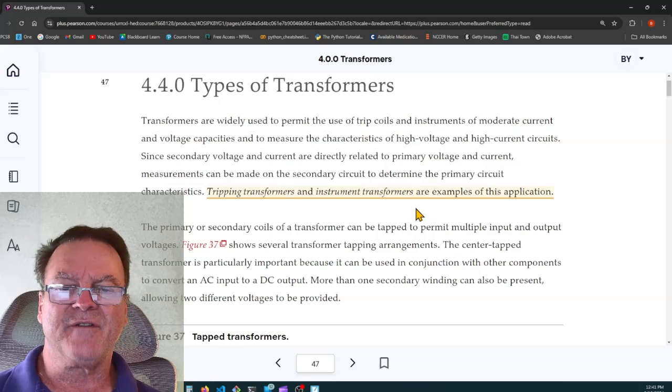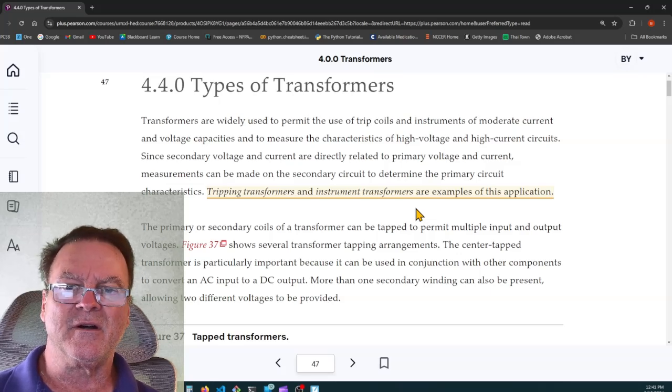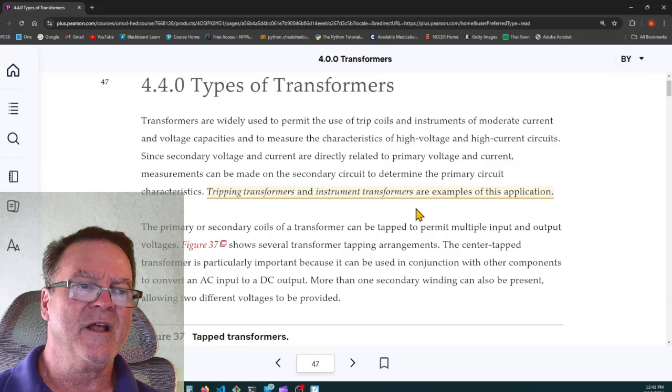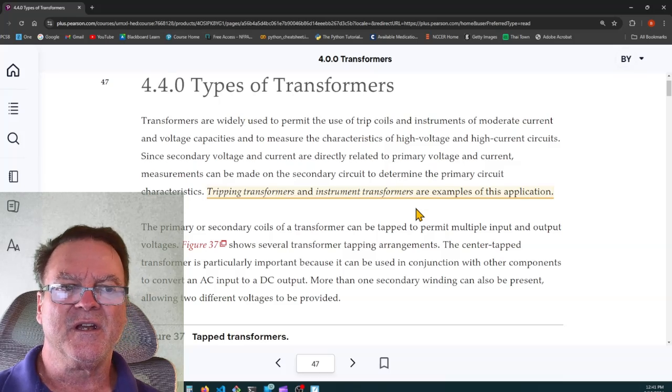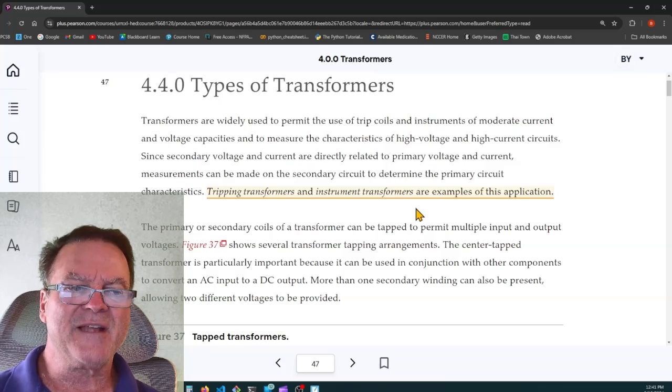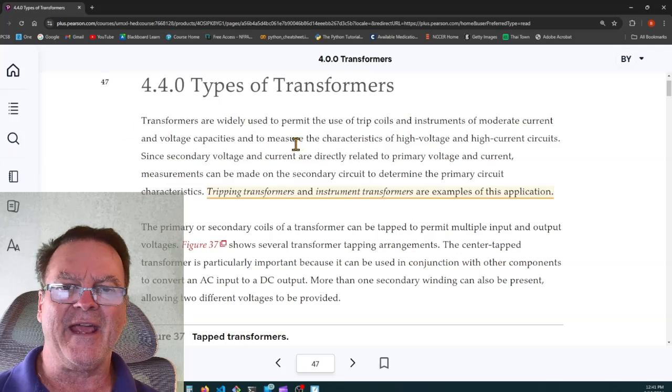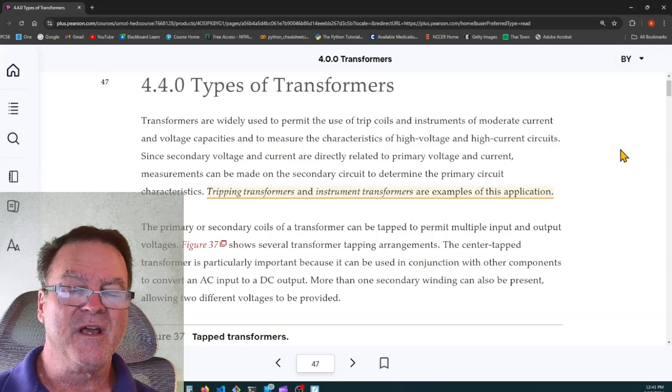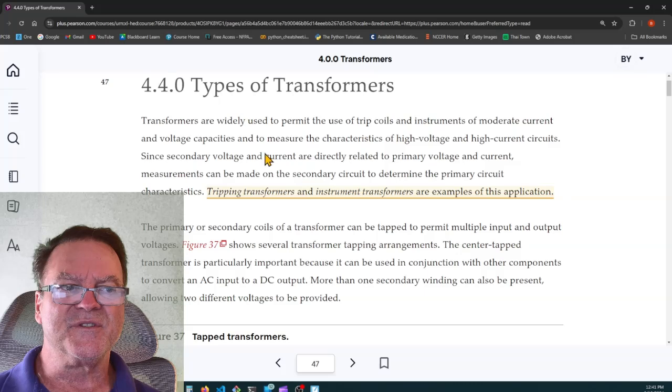So instead of using 500 kcmil to try to make the meter coil windings, they're going to use a current transformer. It's going to step the current down from 1,000 amps to 5 amps. So the meter is going to read from 0 to 5 to show us the amount of current in that instrument from 0 to 1,000.